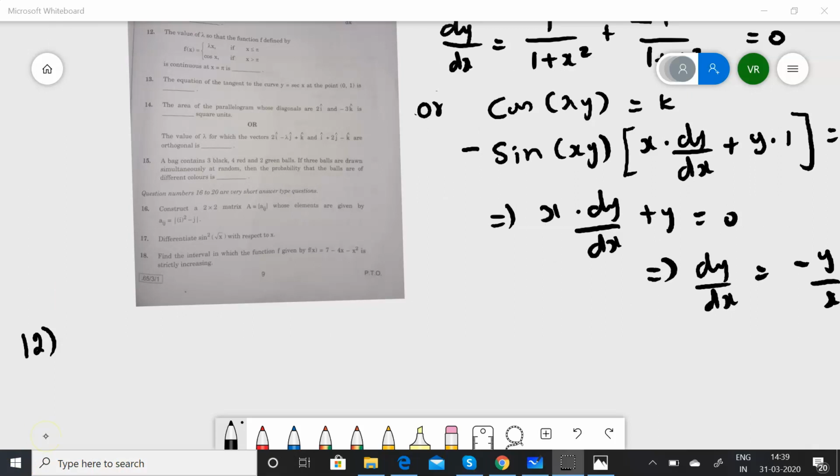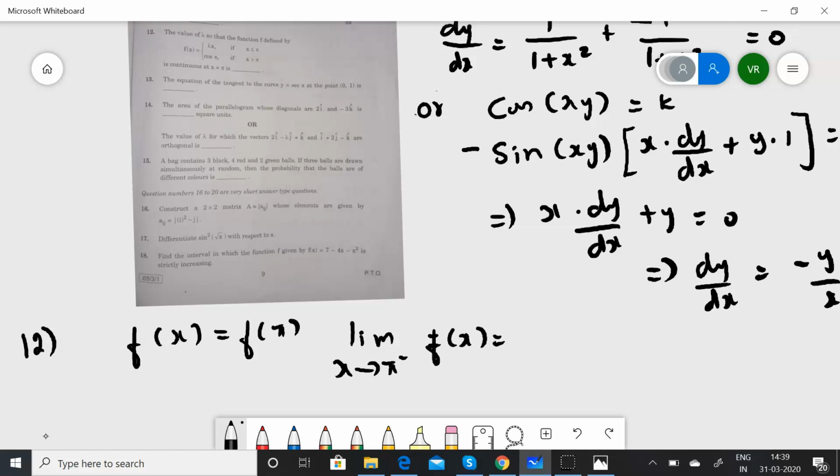12th question. The value of lambda so that the function f defined by f of x equals lambda x if x is less than or equal to pi, and cos x if x is greater than pi, is continuous at x equals pi. So we know the limit of f of x is equal to f of pi. I can write the limit as x tends to pi minus of f of x as lambda pi.